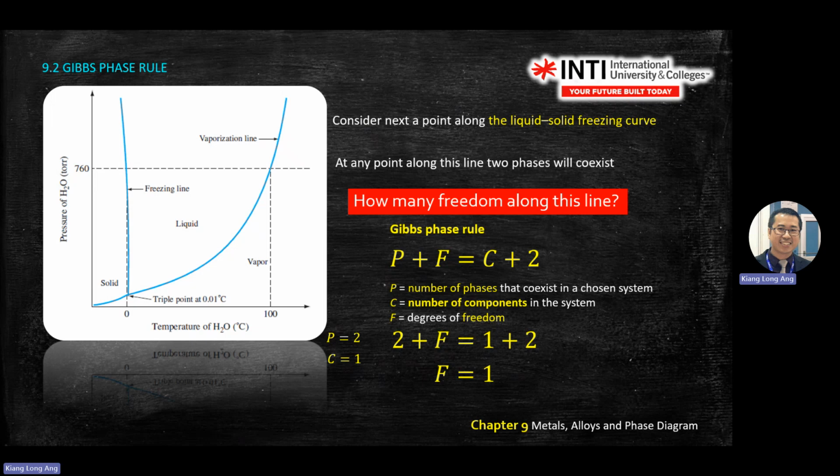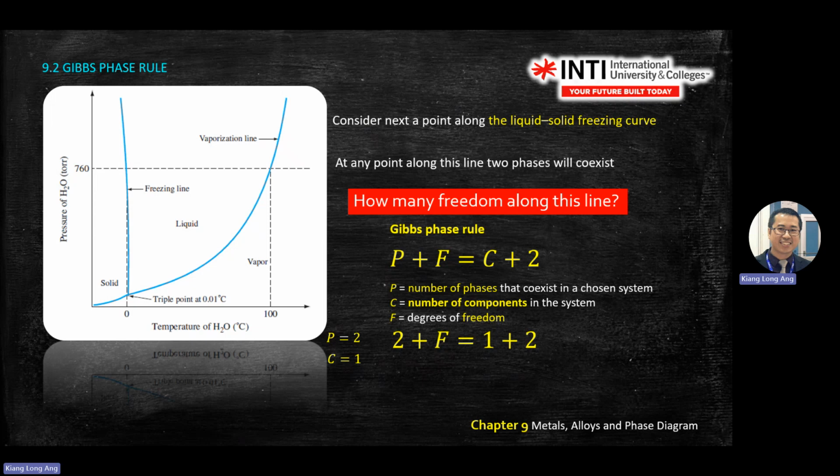Sorry, correction. Degree of freedom is the parameter that you can play with. It's not the phase, it's the parameter that you can play with on the graph, pressure and temperature. So for example, the triple point is fixed at that point already.